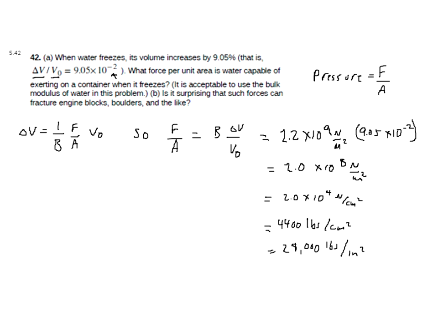And air pressure is about 14 pounds per square inch. So this is 2,000 times the amount of air pressure. So 28,000 pounds per square inch. A typical car is maybe 3,000 pounds. So this would be about 8 cars per square inch.